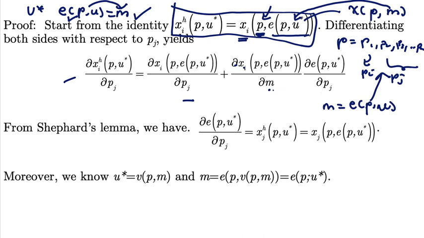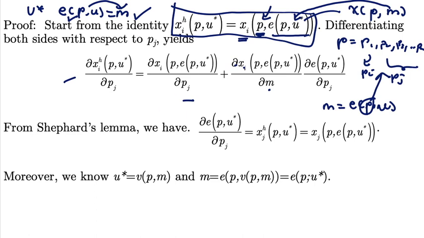Because M, at the optimal level, which is equivalent to E, contains P. So ∂x/∂m multiplied by ∂E/∂Pj. That's it.